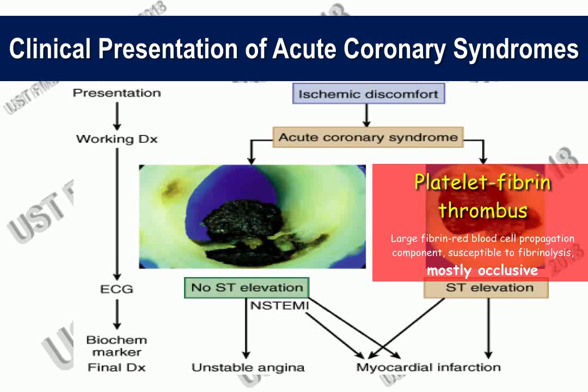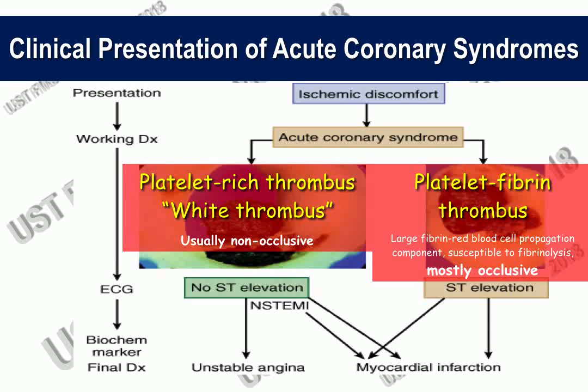On the other hand, your non-ST segment elevation MI and unstable angina, usually the culprit is a platelet-rich thrombus or a white thrombus, which is in most cases non-occlusive. And this is the reason why the main treatment for ST segment elevation MI consists either of a fibrinolytic that causes early perfusion or early revascularization through percutaneous coronary intervention.